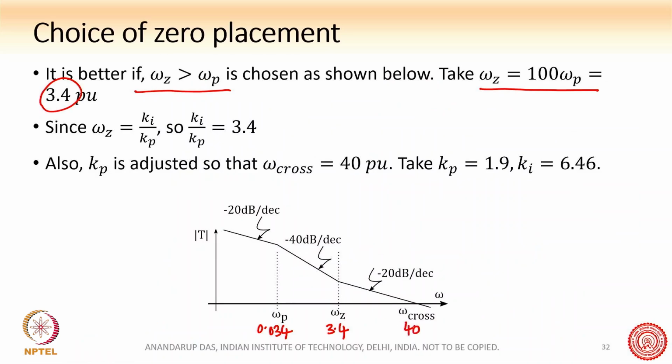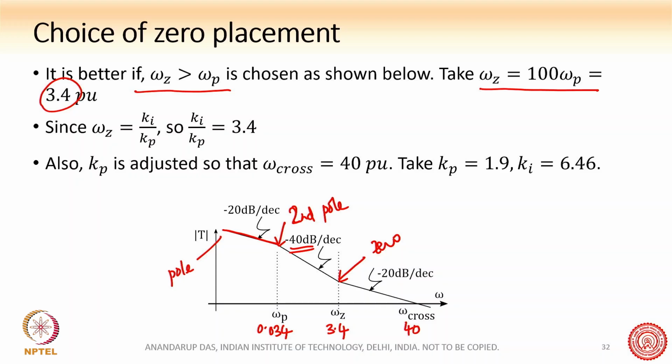So I have a pole at origin, and then I have a second pole coming here, and therefore the second pole is making minus 40 dB, and then you have a zero here, which is making it again minus 20 dB, and then it goes ahead.